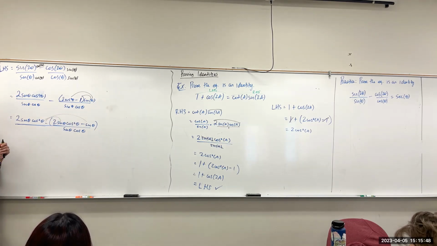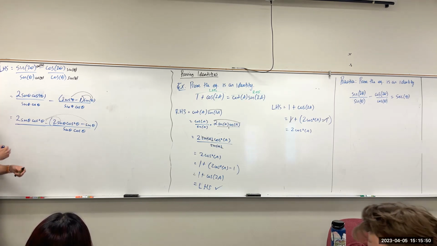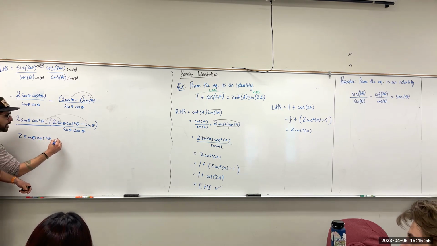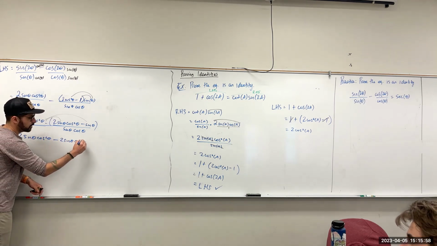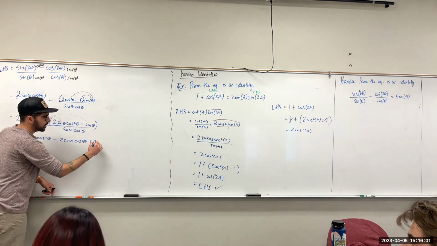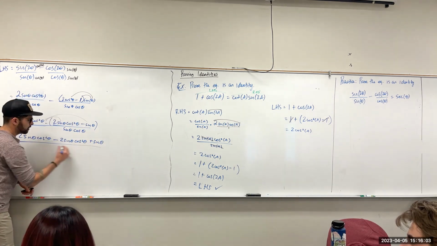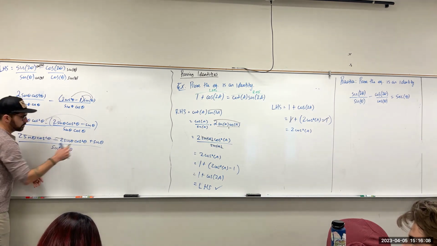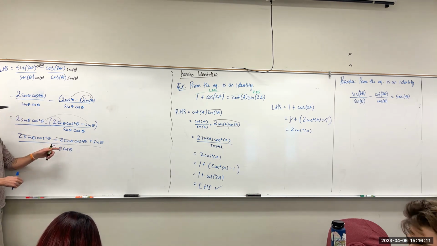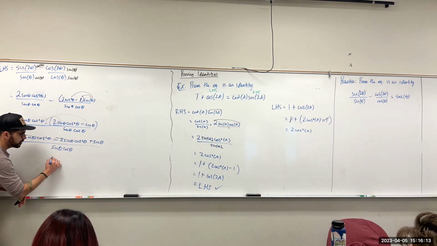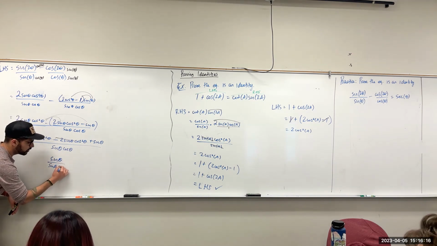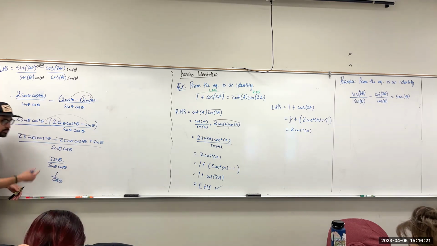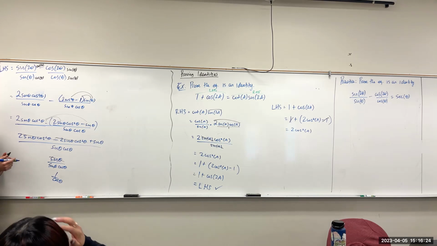So you get 2 sine theta cosine squared theta minus 2 sine theta cosine squared theta, but this becomes a positive sine theta. Then like terms cancel, and you end up with sine theta over sine theta cosine theta. The sines cancel, leaving 1 over cosine theta.